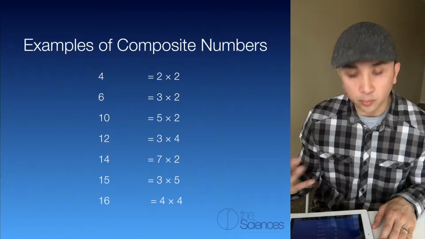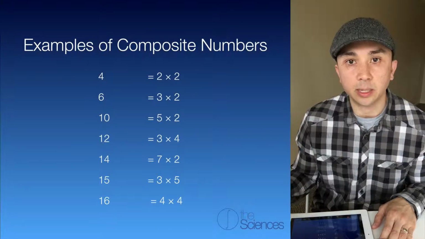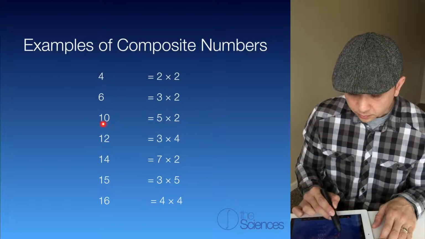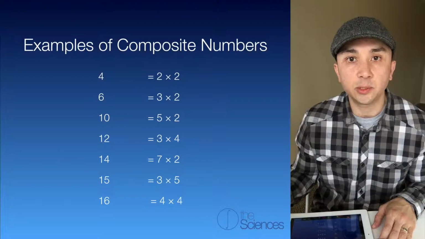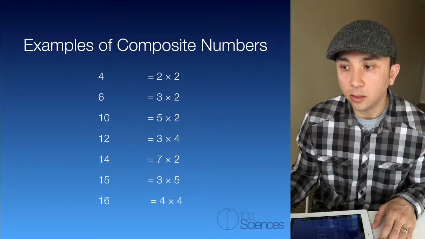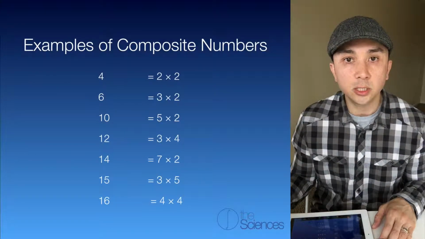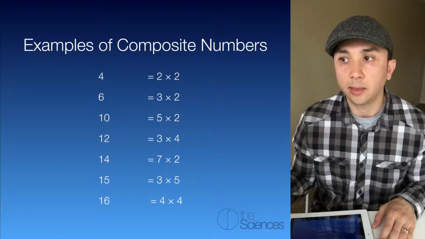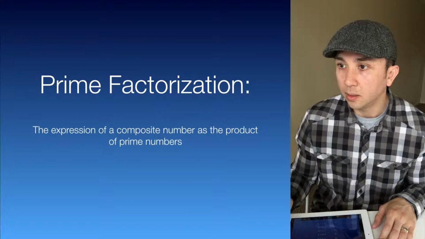Because there are multiple ways to get 4, that means it's not a prime number, it's a composite number. Let's look at 12. We can do 12 times 1, we can do 6 times 2 to get 12, or we can do 3 times 4. Because there are multiple ways to get 12, that means it's a composite number and not a prime number.